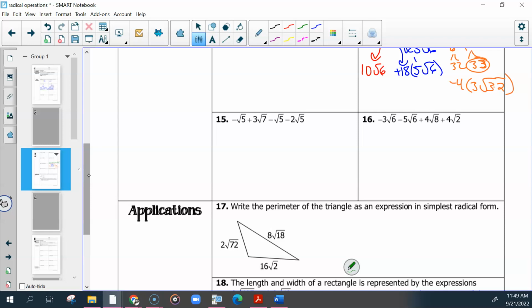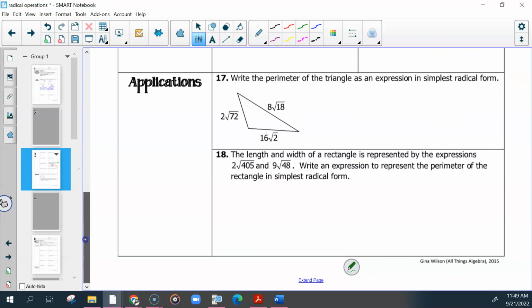You'd be adding up all of these, simplifying each thing, finding the like terms at the end, and going forth with that. I will say for 18, it doesn't give you a shape, but it still says find the perimeter. It's talking about a rectangle. So if you need to draw a rectangle, put in your numbers.